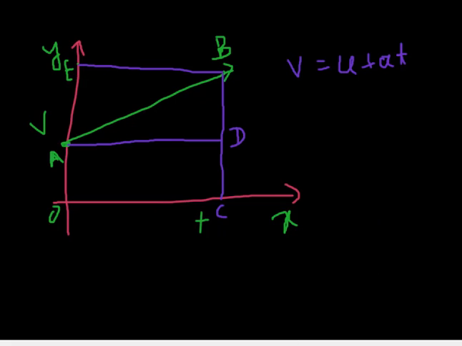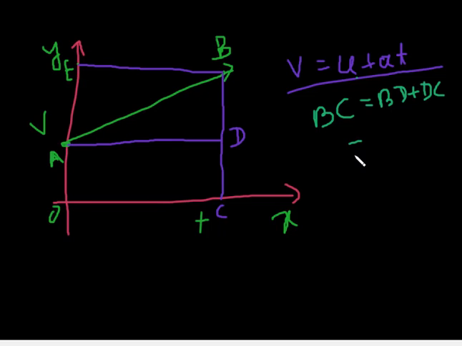Okay, this one we are going to prove here, first one. Now you can see that BC can be written as BD plus DC. Okay, as these two are parallel lines, BD will be equal to EA, DC will be equal to OA.